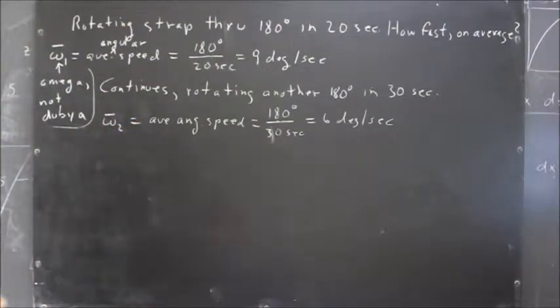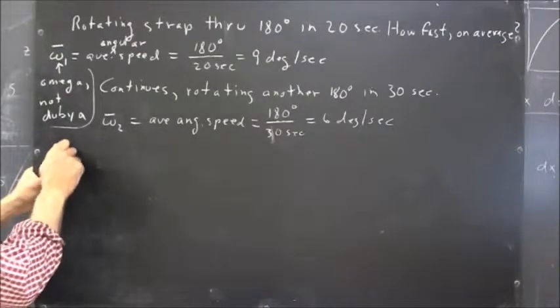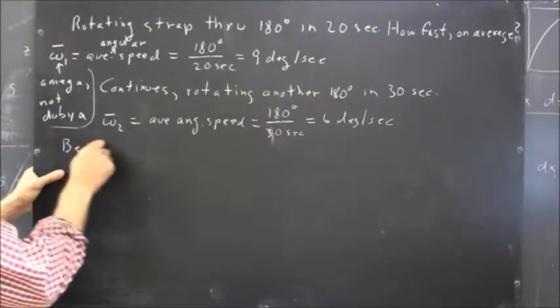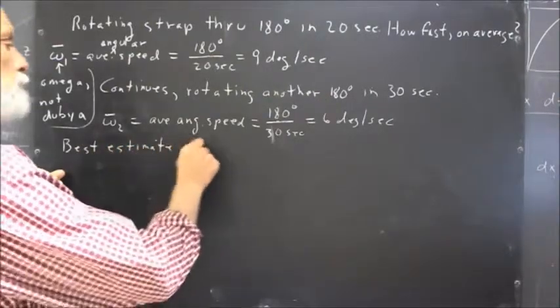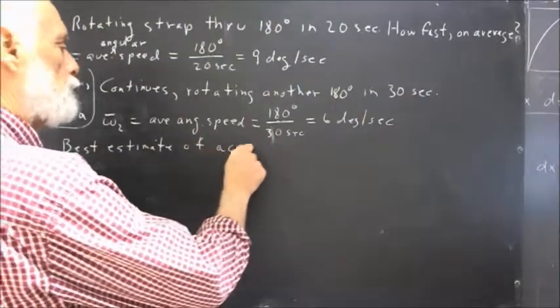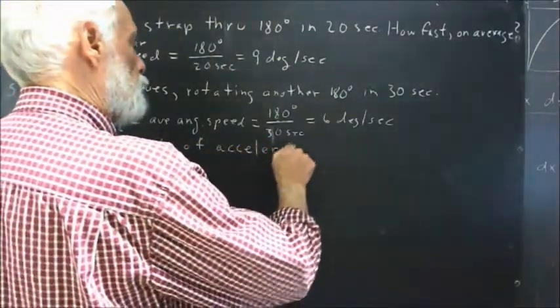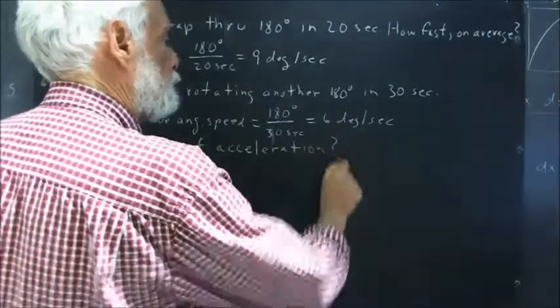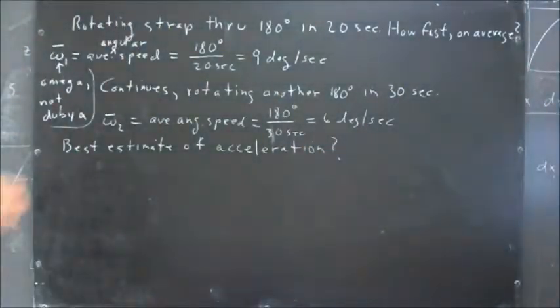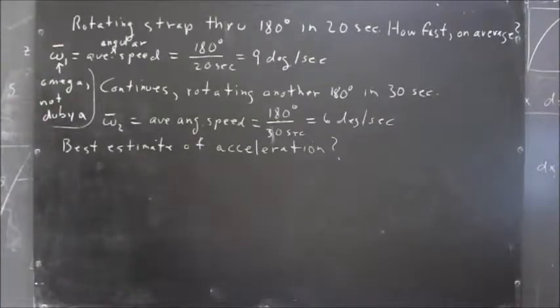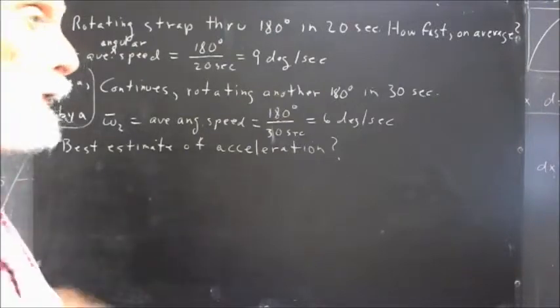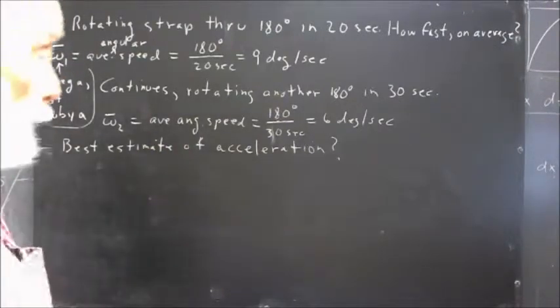Then my next question is, your best estimate of acceleration. So using common sense with the information we have, what's your best estimate of the acceleration involved in this situation? You should pause, do this. Okay, well, an acceleration involves a change in velocity and a change in clock time.